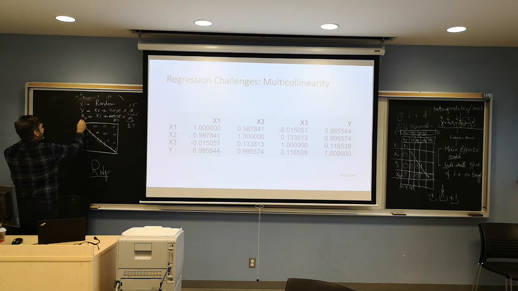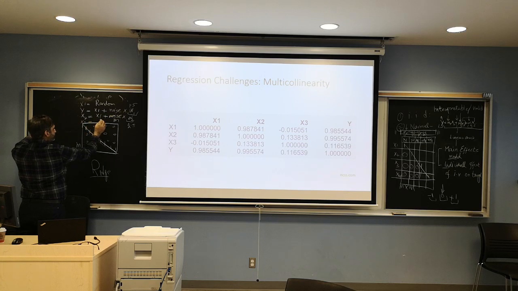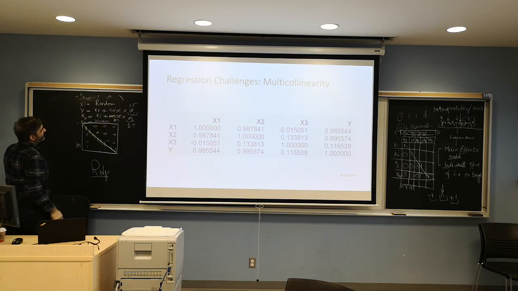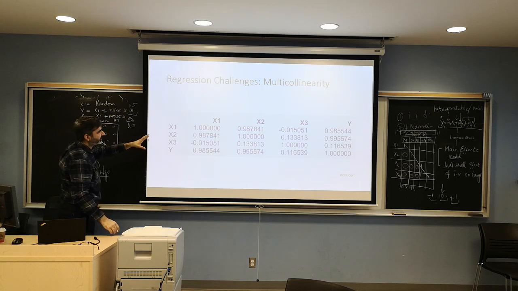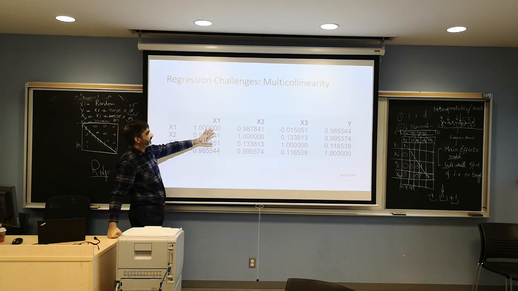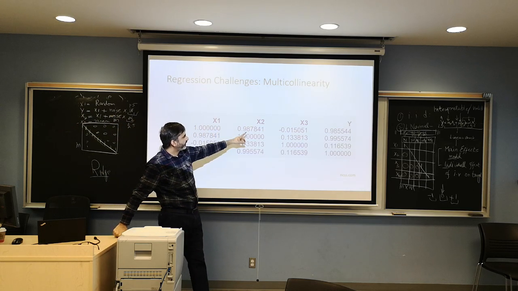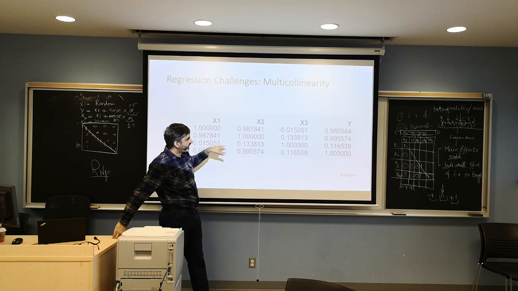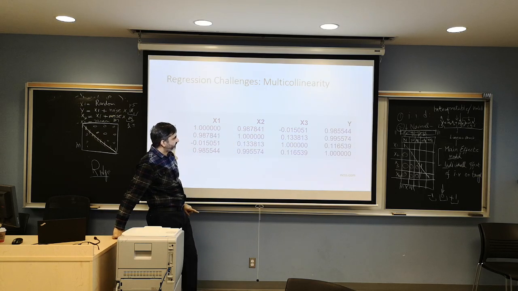Generate x3 as a random number that has nothing to do with x1, x2 and y, any random. Then plot the correlation, see if you can get a similar kind of correlation matrix.